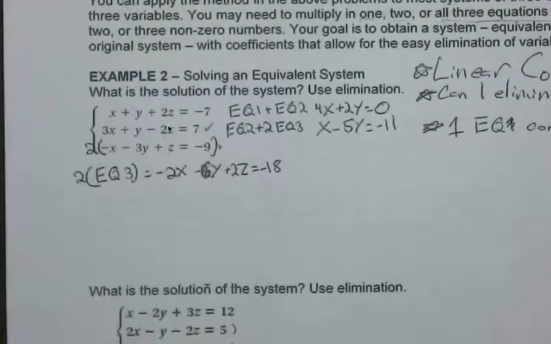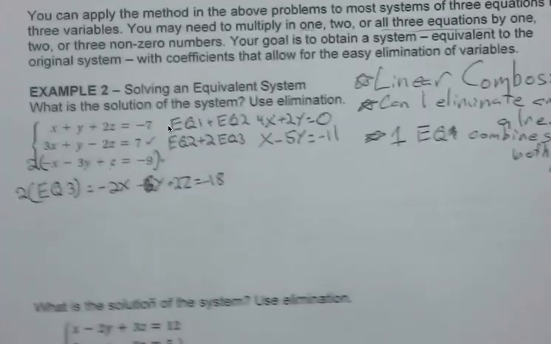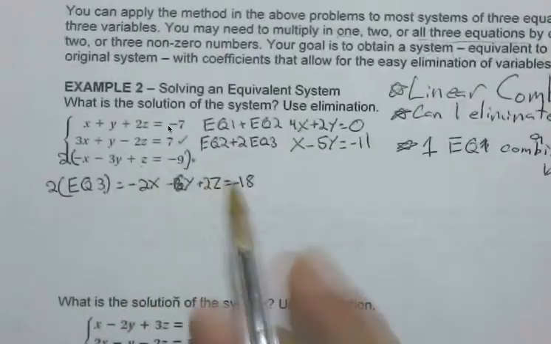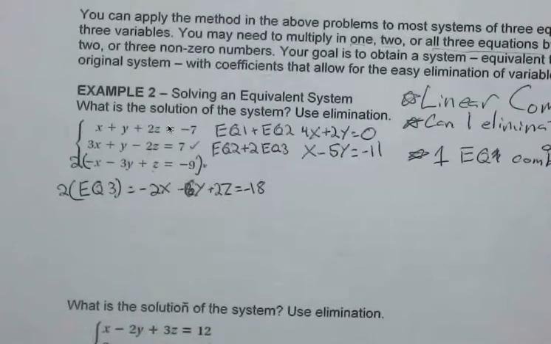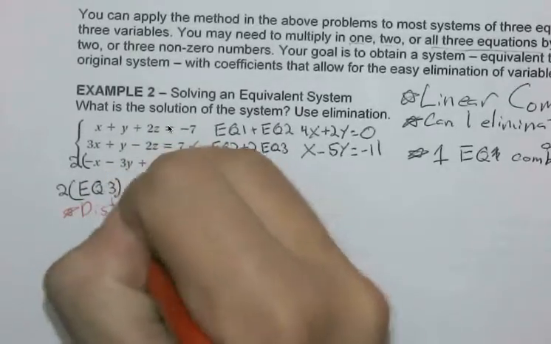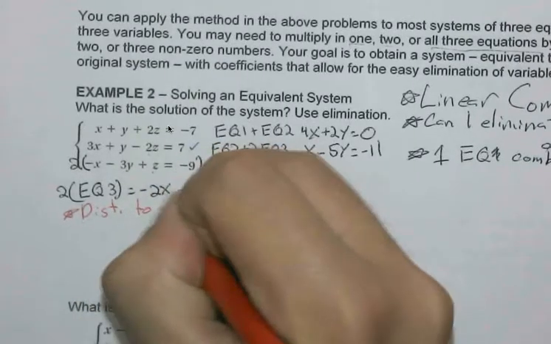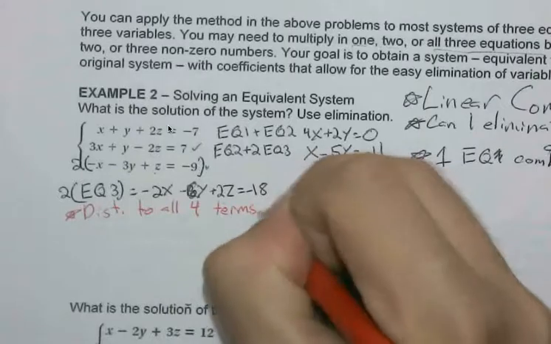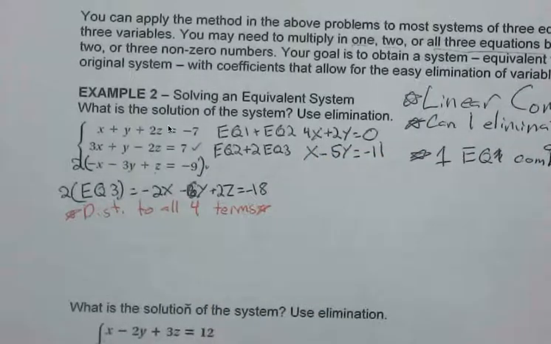And this is totally fair game. Just be mindful that when you modify one of the equations, distribute to every term. That's really important. It's so important, I'm going to write it in red. So make sure that you distribute to all 4 terms. This is where I see students trip up.